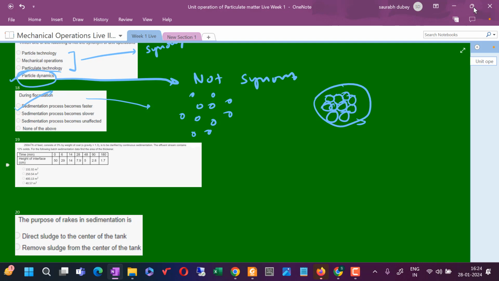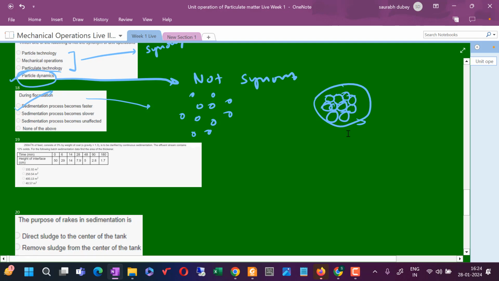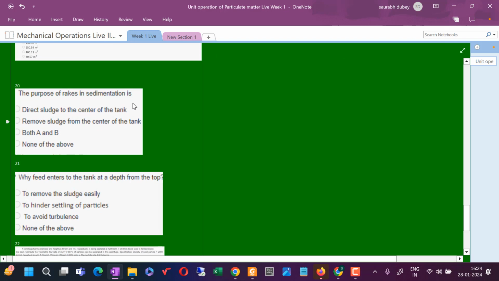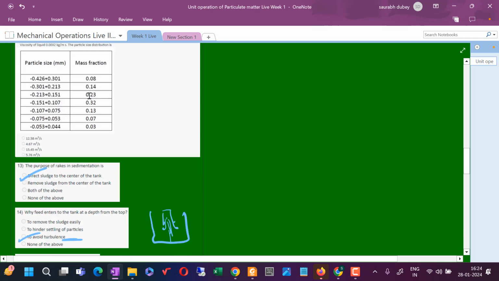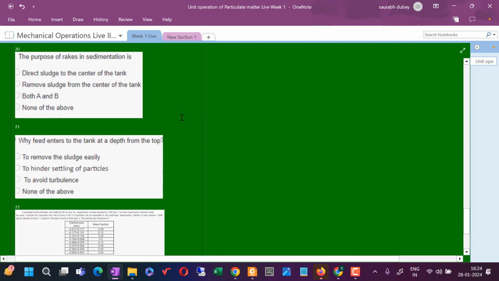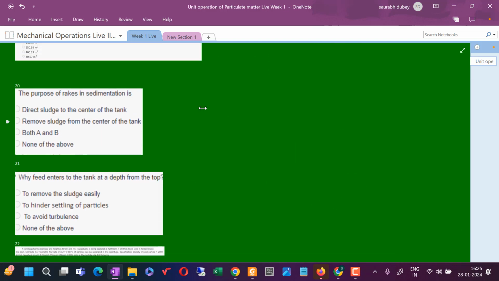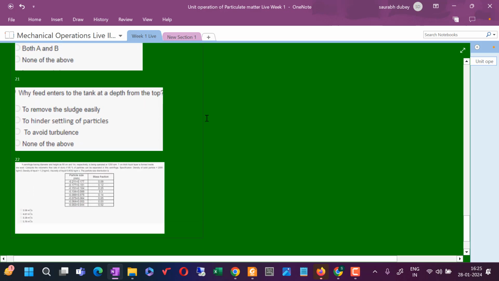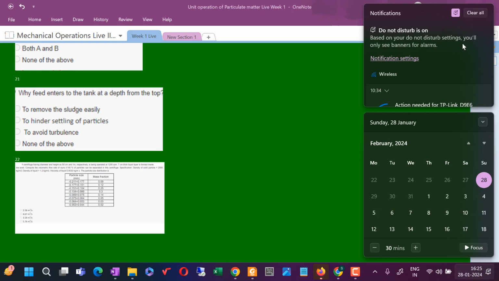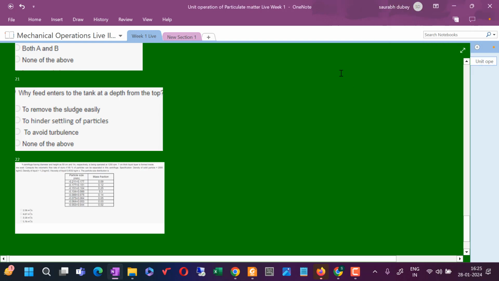Now, the purpose of the rakes in the sedimentation is to direct the sludge. We have already solved this question somewhere. Question 13 and question 20 are the same. So direct the sludge. And why does the feed enter the tank at a depth from the top?